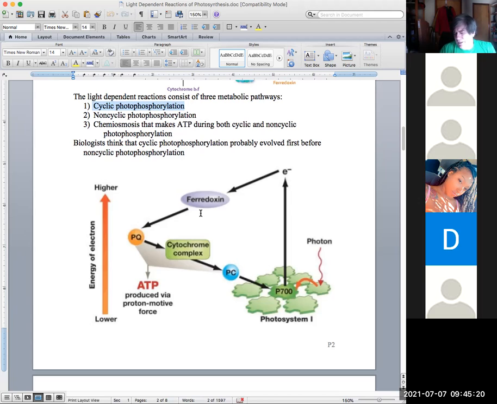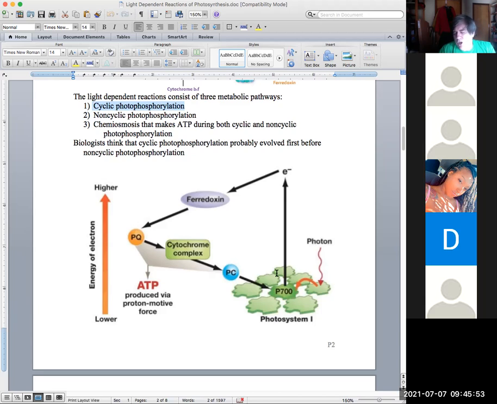And it's captured by one of those electron transfer proteins, one called ferredoxin. And ferredoxin passes the electron to plastoquinone. And plastoquinone passes it to the cytochrome B6 complex. And the cytochrome B6 complex passes it to plastocyanin. And plastocyanin does what? It gives the electron back to the primary electron acceptor.